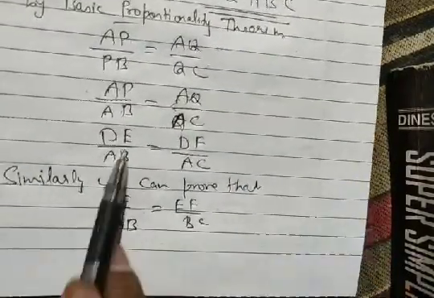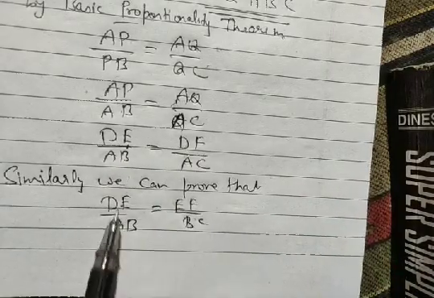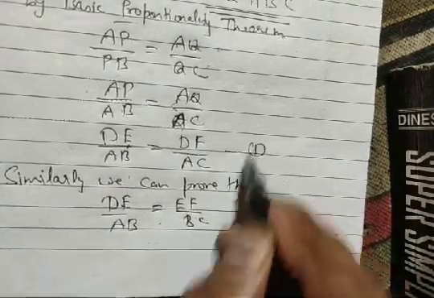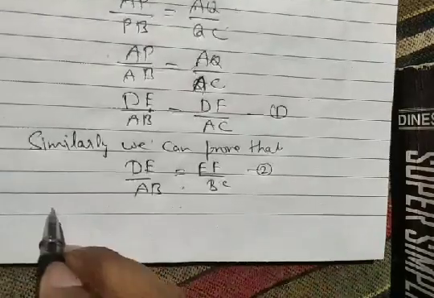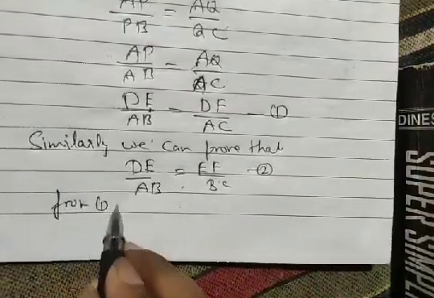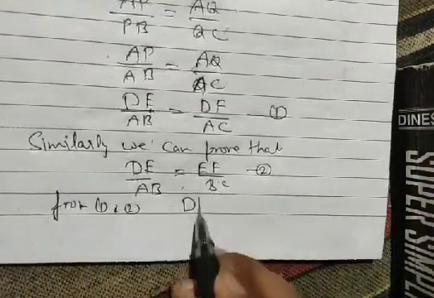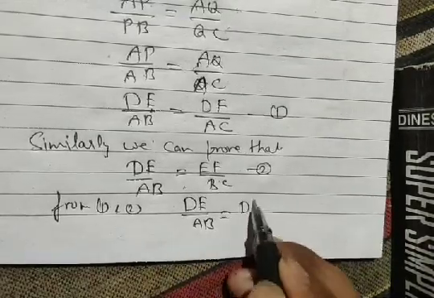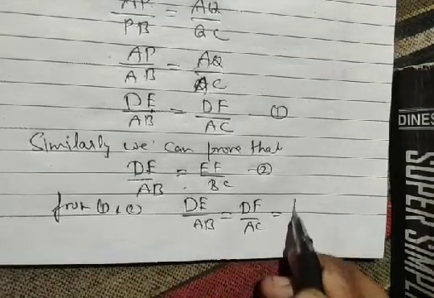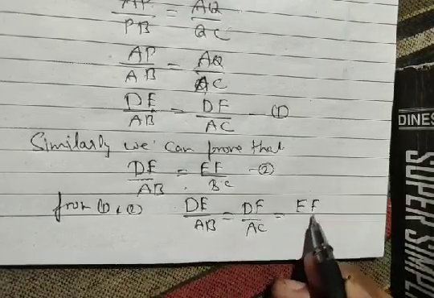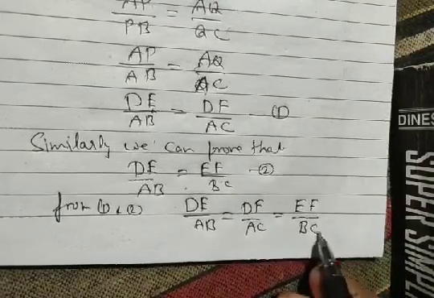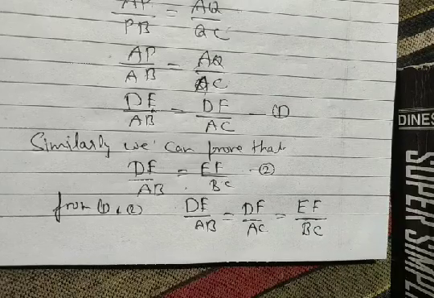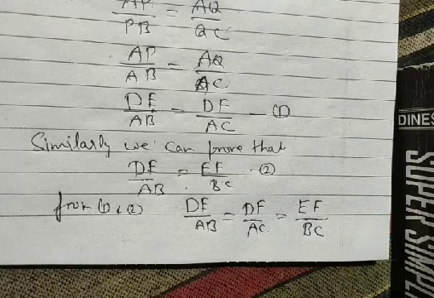Now DE by AB equal to DF by AC and DE by AB equal to EF by BC, named as 1 and 2. Then from 1 and 2, we have DE is to AB equal to DF is to AC equal to EF is to BC. What was required to prove that?